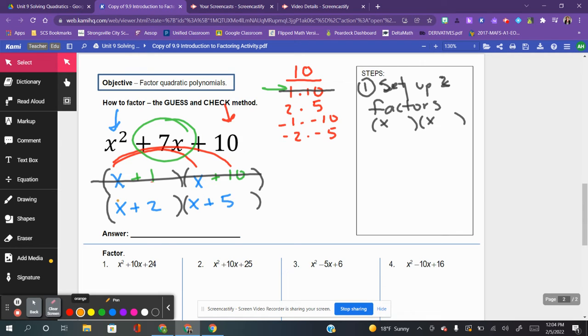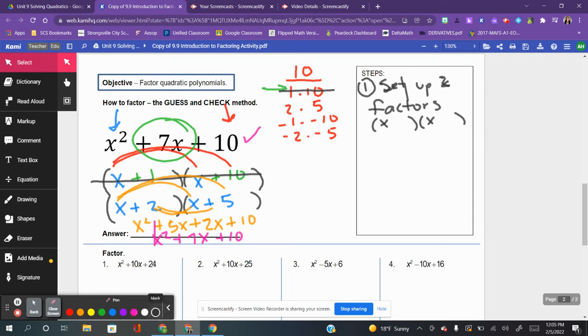And so let's check it. x times x is x squared, and x times 5 is 5x. All right, come back and distribute the 2, and so 2 times x is 2x, and 2 times 5 is 10. And when I combine the middle, I get x squared plus 7x plus 10, and that matches what was given to me.